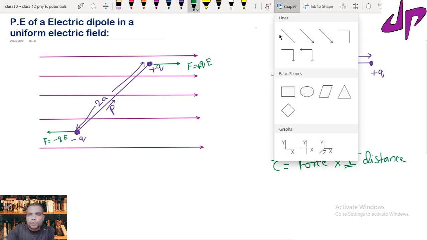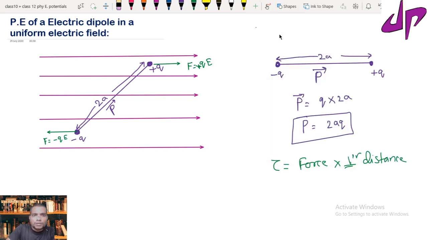If I draw a perpendicular in this direction, this is my perpendicular, and taking the base also from here to here, this perpendicular distance equals 2a sin theta. We can get that by considering the triangle AOB.